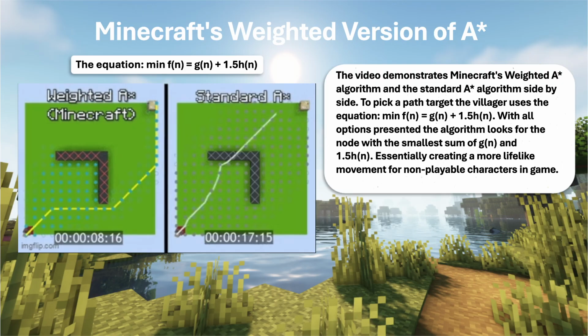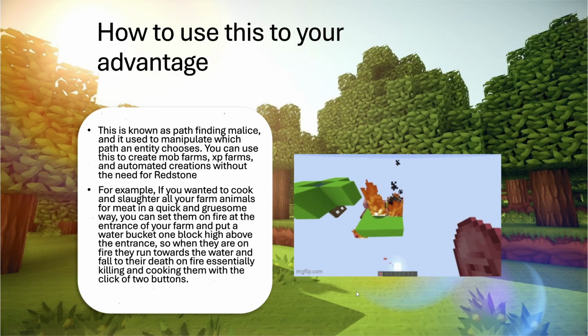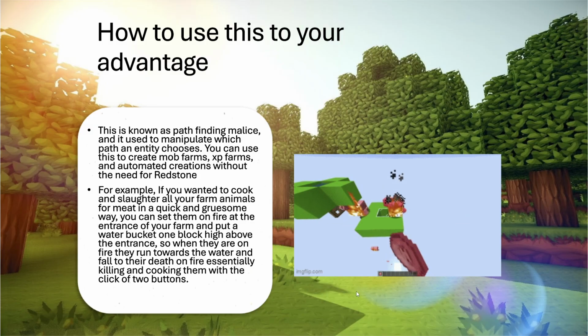It's a lot better to use weighted A-star in Minecraft, because you want these mobs and characters to have this lifelike feel, that they're ready to go, they're easily movable, like they don't take forever to do things. And I feel like that would kill the vibe if a villager took 30 seconds to go walk somewhere, if you know what I mean. But that's how A-star works in general, and how you can use this to your advantage.